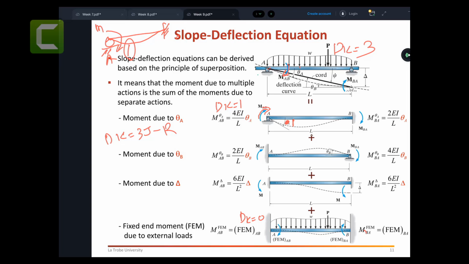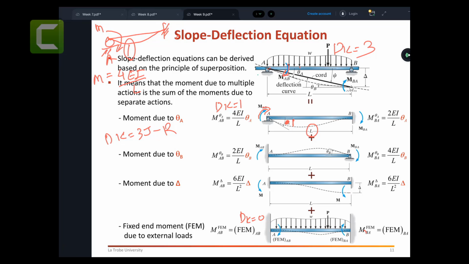If the length of the beam is L, Young's modulus of the material is E, and moment of inertia I, the amount of moment required to rotate that joint A is 4EI on L. Where is it coming from?